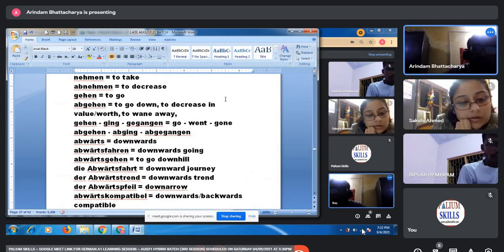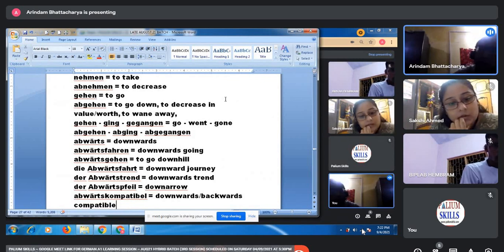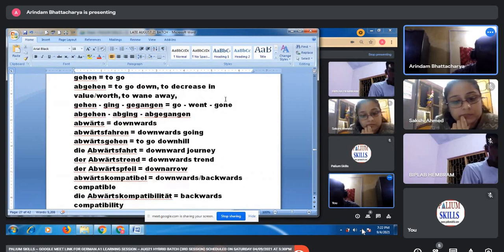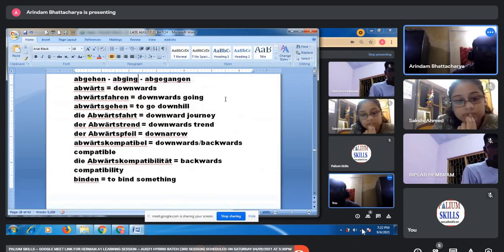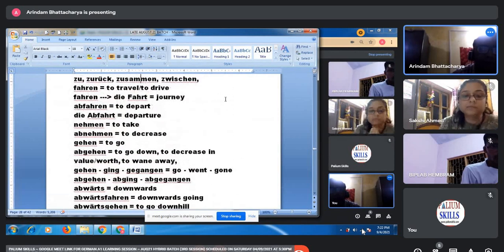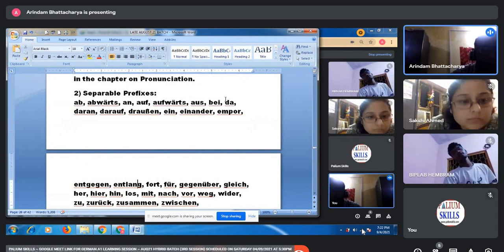Abwärtspfeil, down arrow. Abwärtskompatibel, downwards or backwards compatible. Abwärtskompatibilität, backwards compatibility. Binden, to bind something. Anbinden, an is here, a separable prefix.